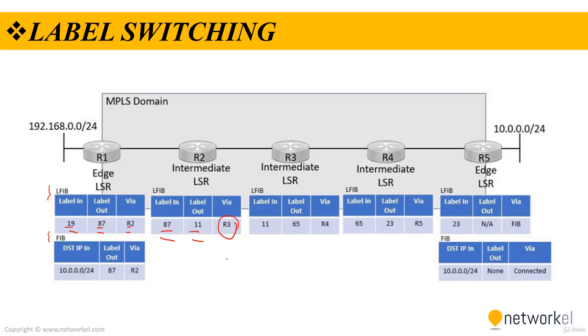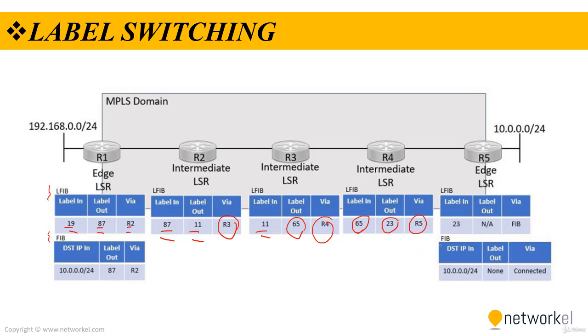Then what happens? The packet reaches router 3. When router 3 receives the packet with label 11, it also checks the LFIB and labels out with 65 via router 4, and router 4 gets the packet and labels it with 23 and forwards via router 5.